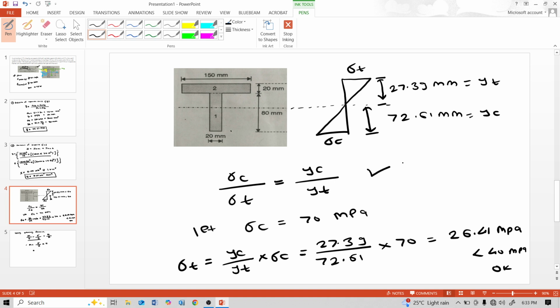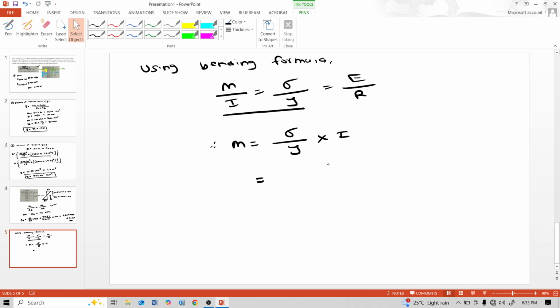This is also correct, because in the similar triangle at the bottom, sigma C upon sigma T or YC upon YT is correct. Only for this part, use the maximum Y, because if Y is maximum, then this sigma is also maximum. This Y is directly proportional to sigma, so use Y maximum in this equation.